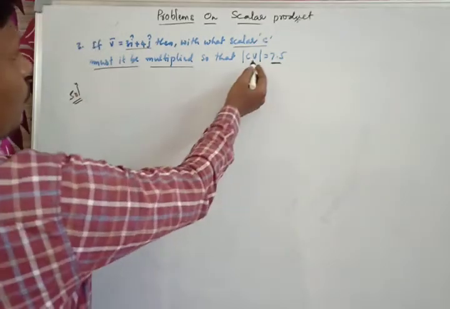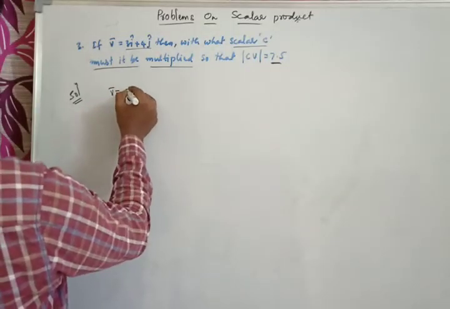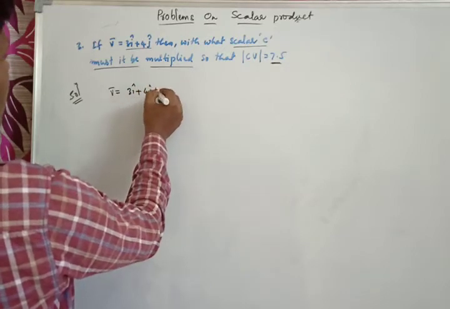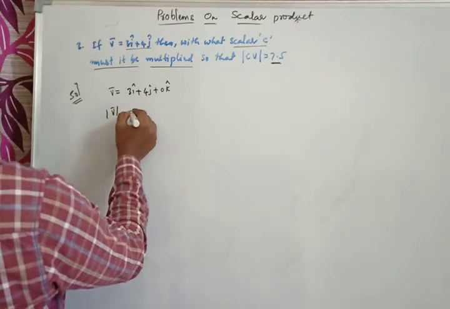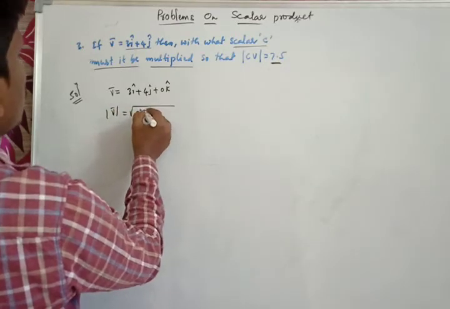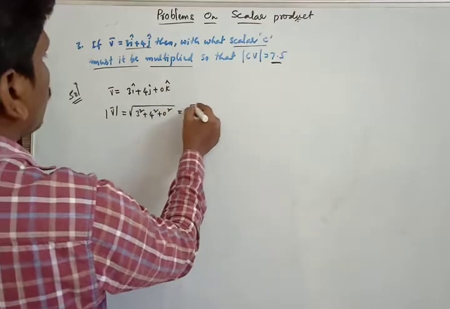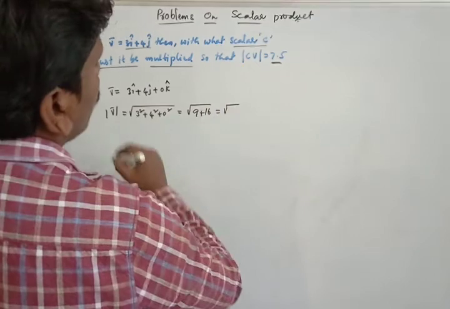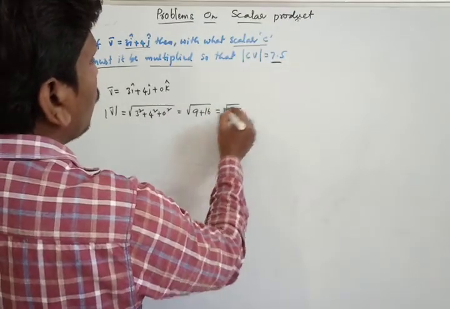Okay, we need to find this. V⃗ is equal to what? 3i^ + 4j^ + 0k^. Then |V⃗| is equal to what? Square root of 3² + 4² + 0², which is 9 + 16, so 16 + 9, 25.